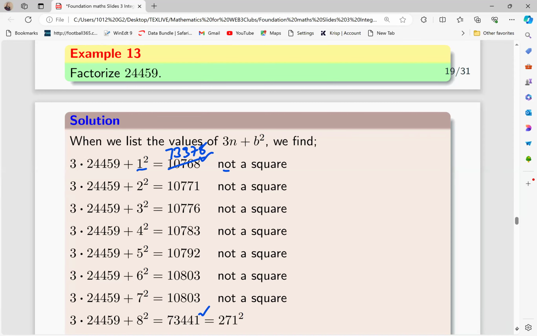Yes, what about if it's 2? If it's 2, this would be 73,381. Again, is not a perfect square. You see, because of typing, I just copied the first one and pasted here, and then it changed a few things. Then this is the one I wrote. The other ones I forgot to change.